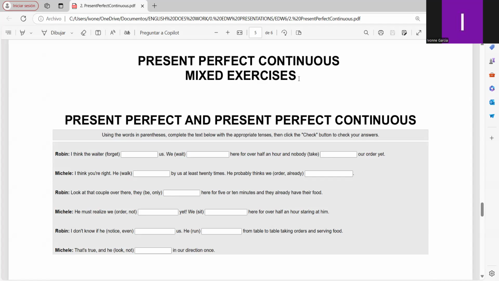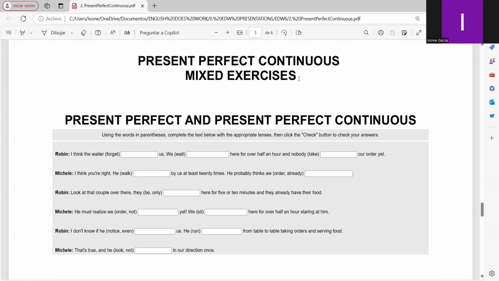Okay, good. The present perfect. Why? Because be is one of the verbs we cannot use in the continuous form. So here we need the present perfect.